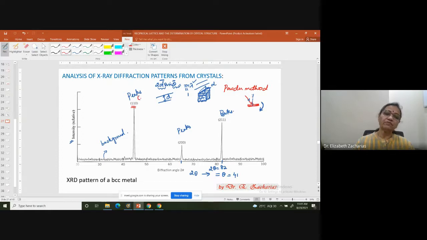It has happened from the family of planes 110. This peak came from the family of planes 200. This came from the family 211. So this is called indexing the peaks. There are softwares which you will use for indexing the peaks. And after indexing the peaks, you will be able to say something about what the crystal is.